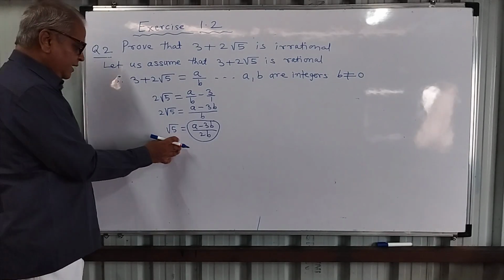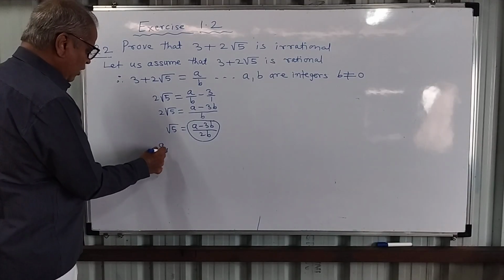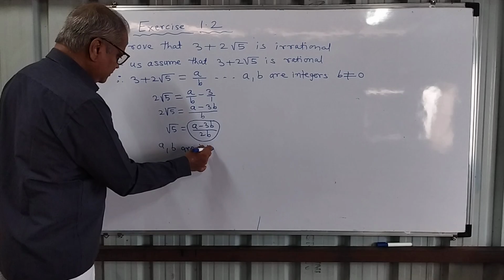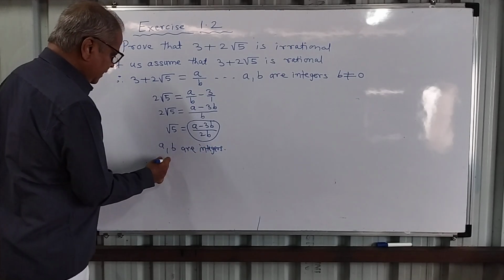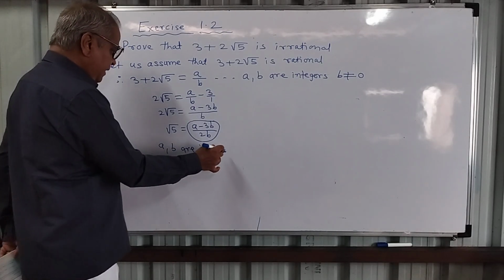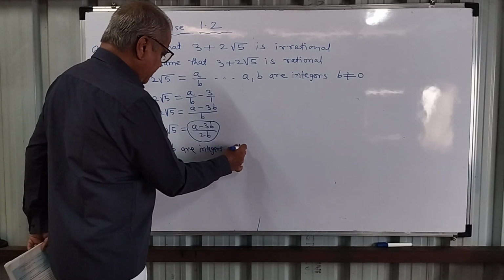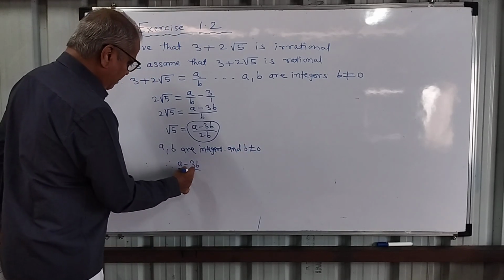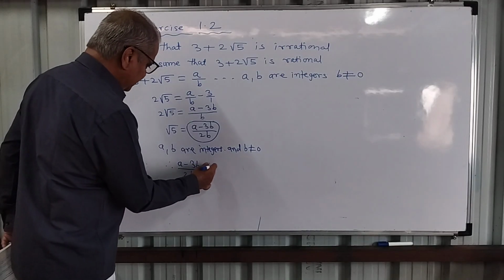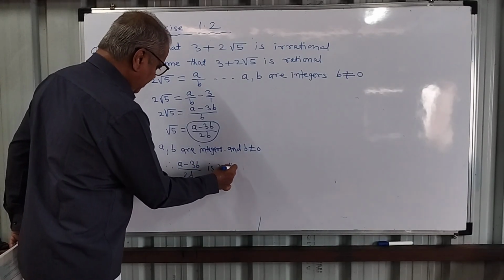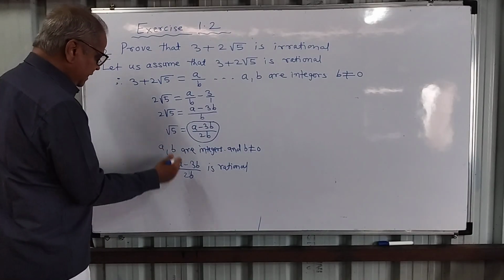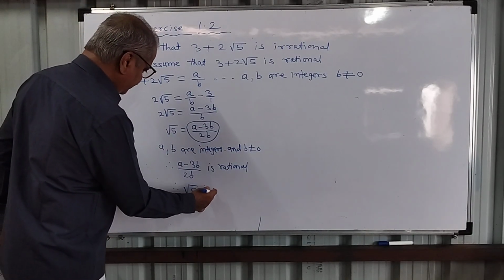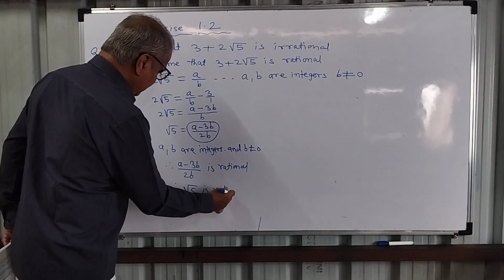So we can write a very simple statement: a, b are integers, therefore a and b is not equal to 0. A minus 3b upon 2b is rational. RHS is rational, so LHS is also rational, therefore root 5 is also rational.